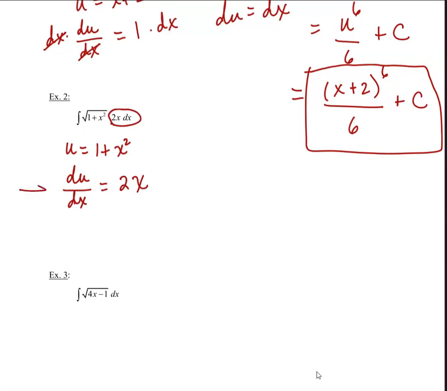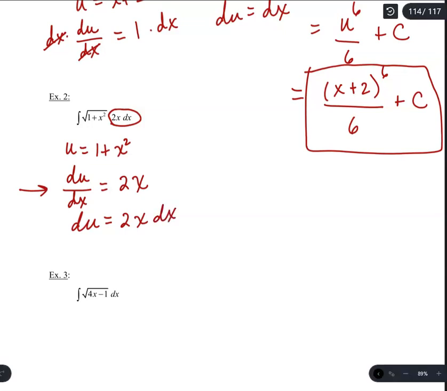So I'm going to multiply the other side by dx, and what I want you to observe is that 2x dx is equivalent to du. That's the substitution I'm going to make.